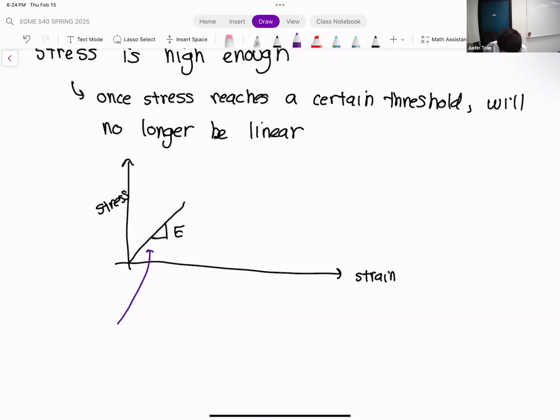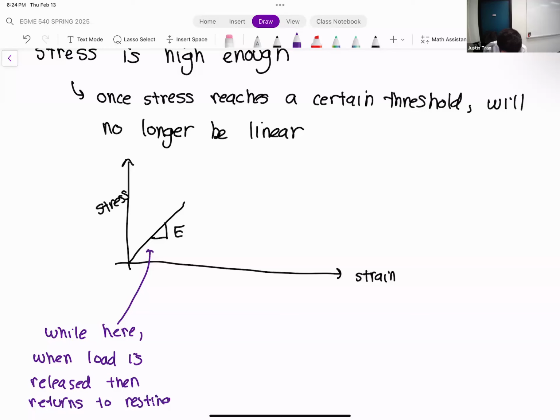So while you're in this regime, if the load is released, I call that the reversible regime.